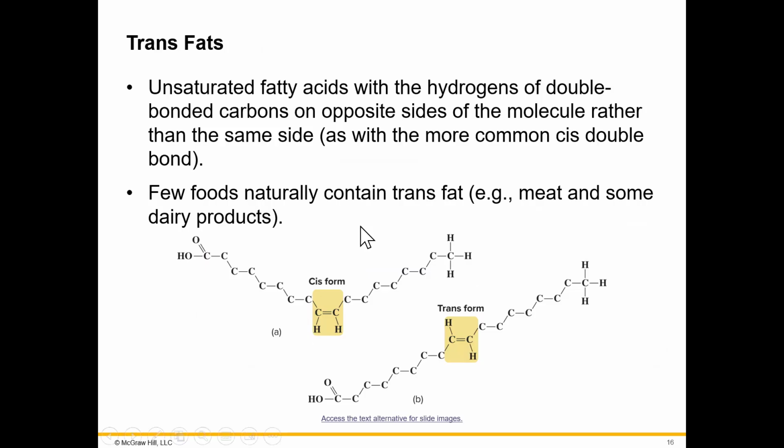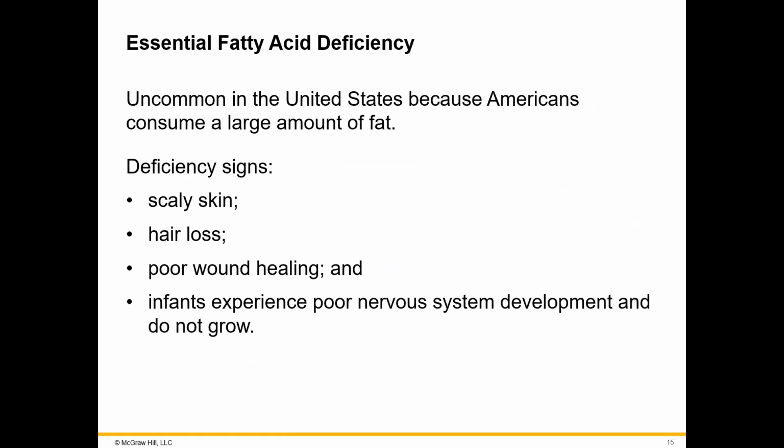Then we talk about trans fats. Okay. Oh, actually, let me go back. I didn't mean to skip that. Essential fatty acid deficiencies, which again is uncommon in the United States because we're not necessarily a high fat nation, but we're definitely high carbohydrate as a nation.